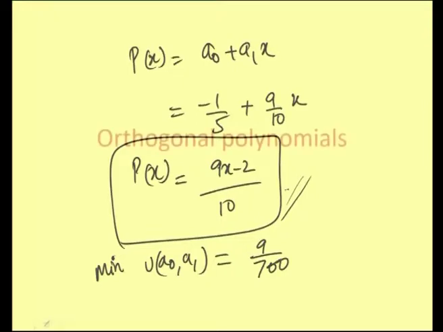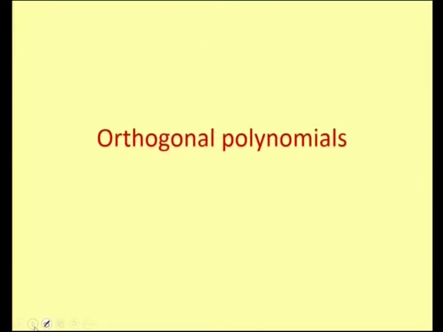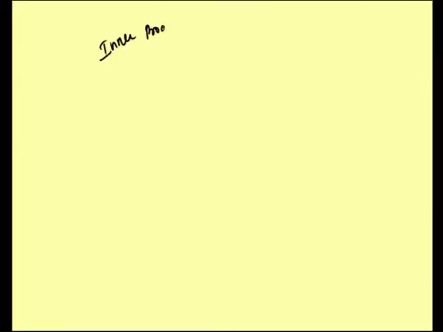Then orthogonal polynomials. Before we define the orthogonal polynomials, we need two more terms, that is inner product and then norm is defined like this, and norm is defined as in this notation. Okay. First of all, let us take a function f belonging to C of [a, b].